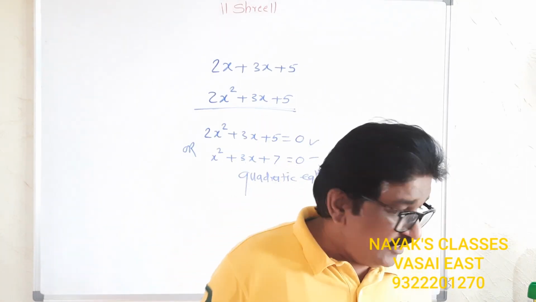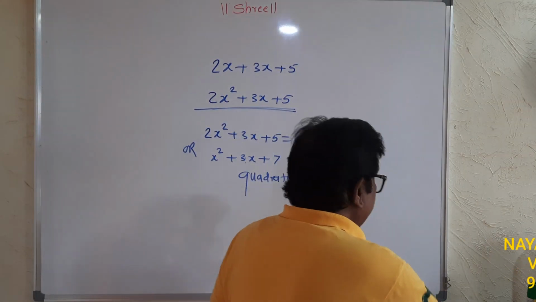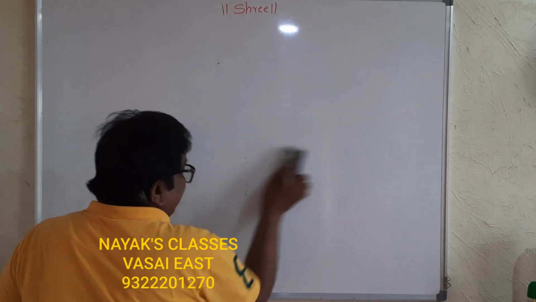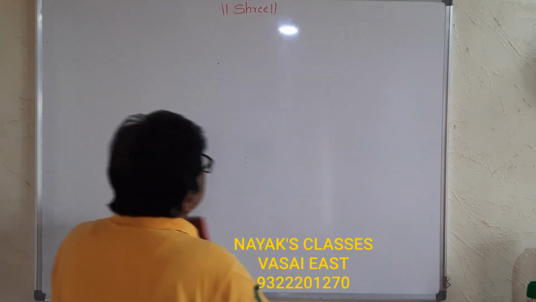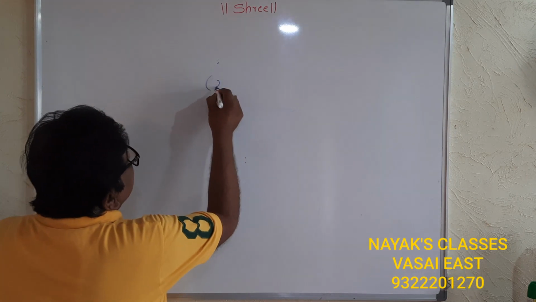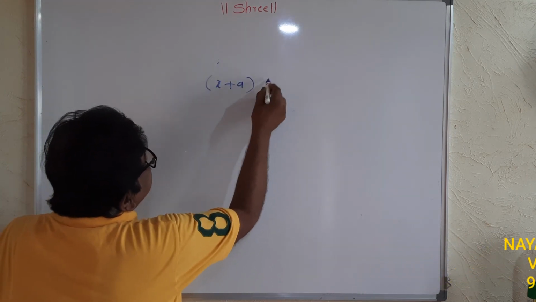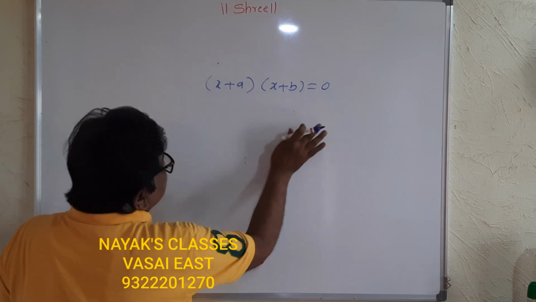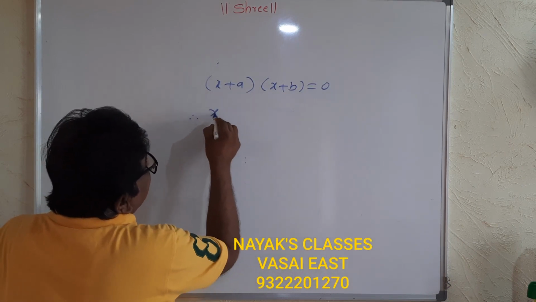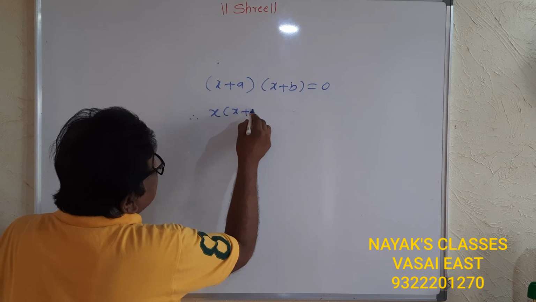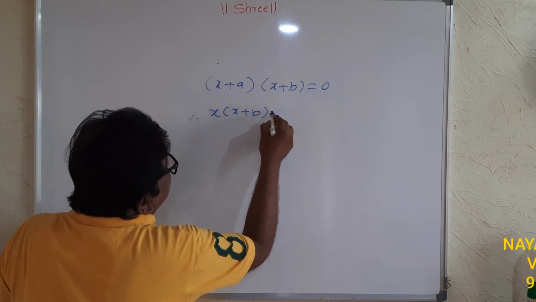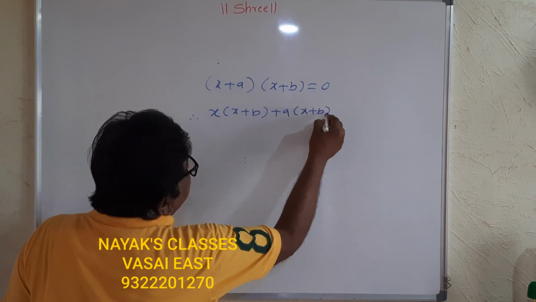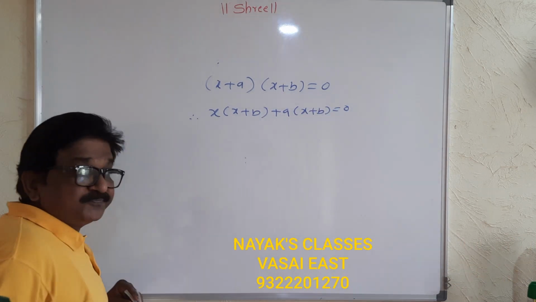In childhood, we have studied expansion of brackets. (x plus a)(x plus b) is equal to 0. Therefore, x into bracket x plus b and plus a into bracket x plus b is equal to 0.